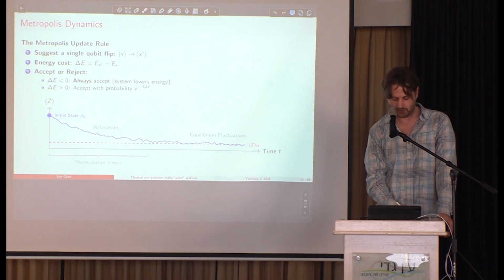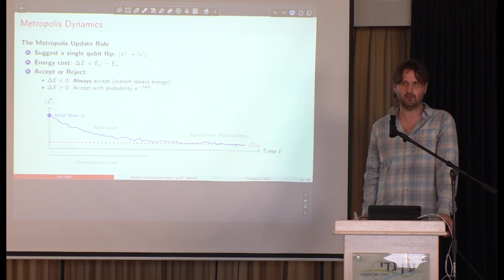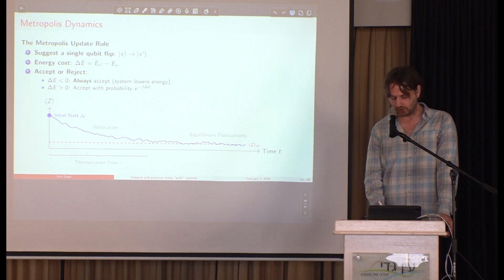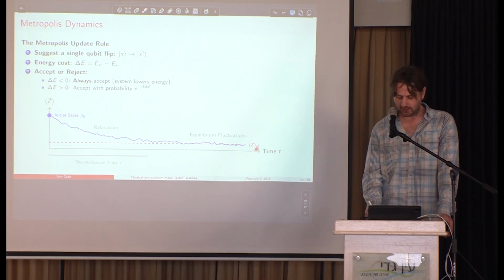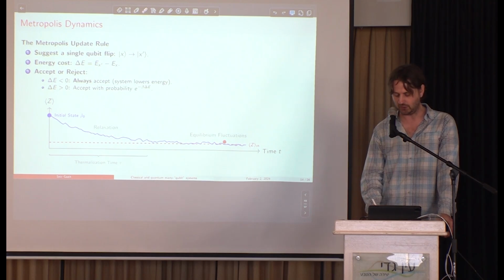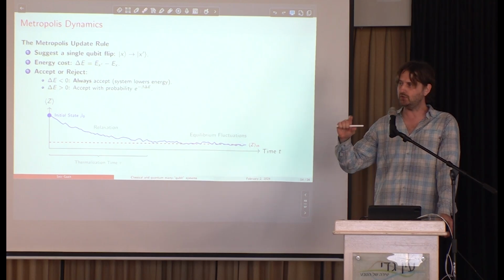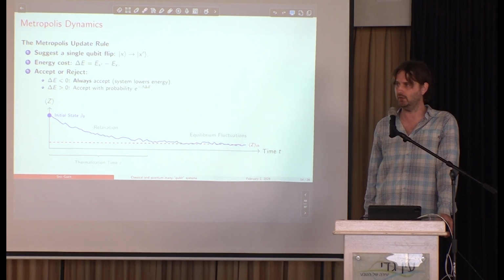Then there is a relaxation process, with some time scale known as the thermalization time, after which you reach your equilibrium, and the equilibrium is not dead. That's something I want to emphasize. The expectation value would be the thermal expectation value, but there would be fluctuations about this, and the fluctuations are dictated by the temperature, the specific heat, and many other physical concepts.